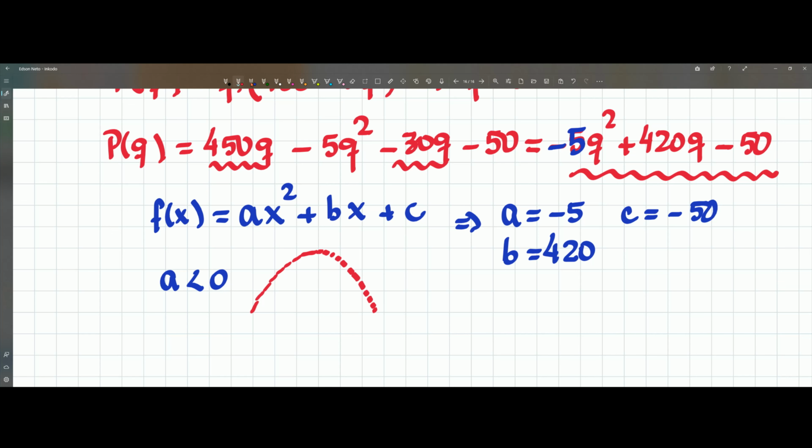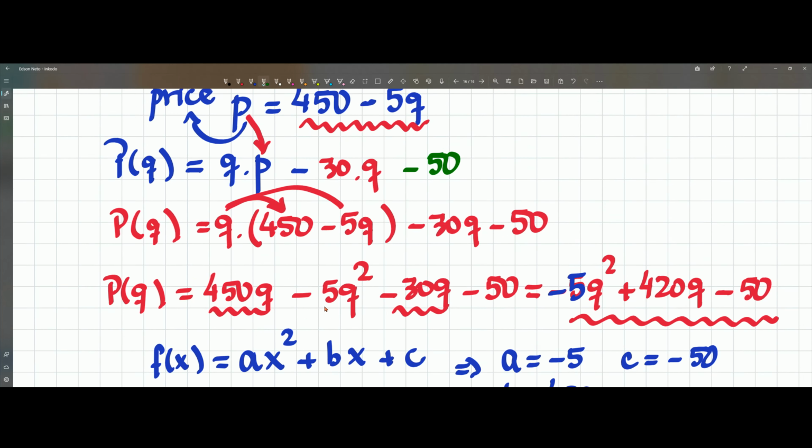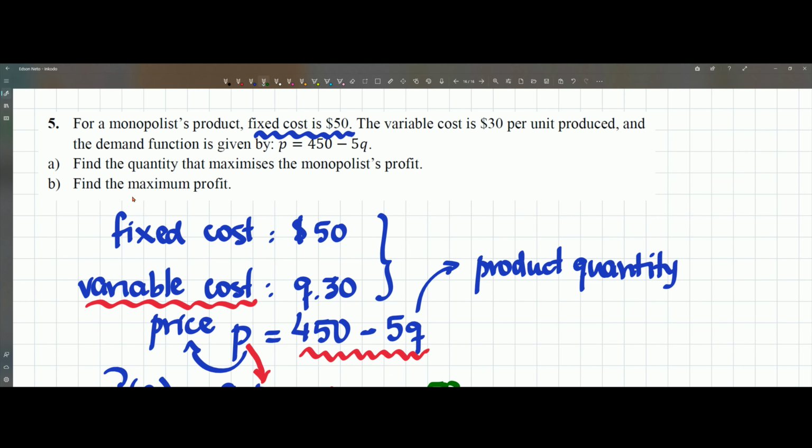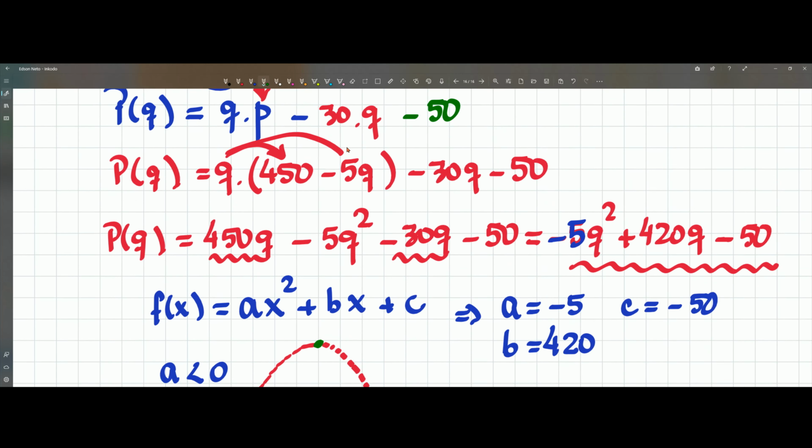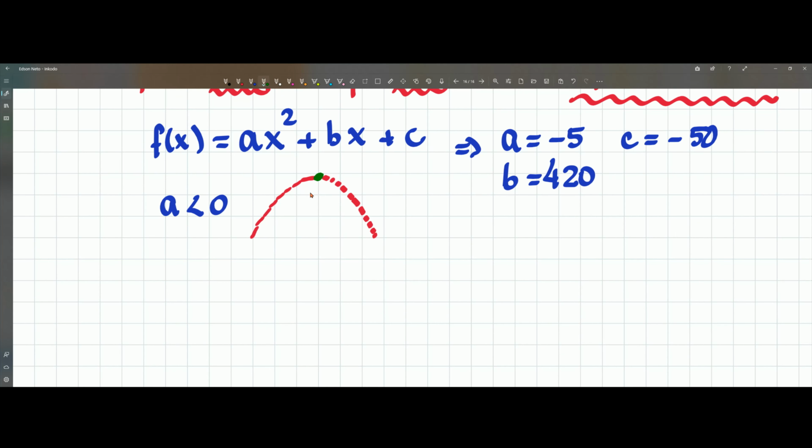And when we have a parabola like this one, we notice that this point here is its maximum, which is exactly what the question is asking for: the maximum profit and the quantity that maximizes the monopolist's profit. In this case, we know that this is the vertex of the parabola.